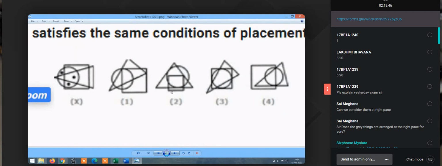If you just look at 2. Now 2 has all the 3 shapes overlapping area. This area is all the 3 shapes overlapping. It also has just the circle. Look at this area. This is just the circle, right? So it also has one shape area. But what it doesn't have is 2 shapes overlapping area.